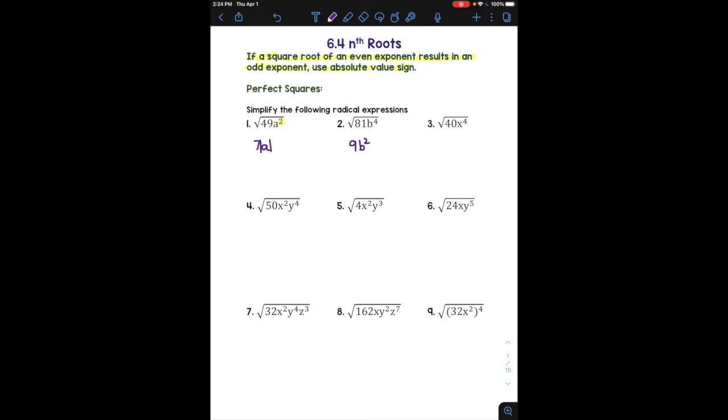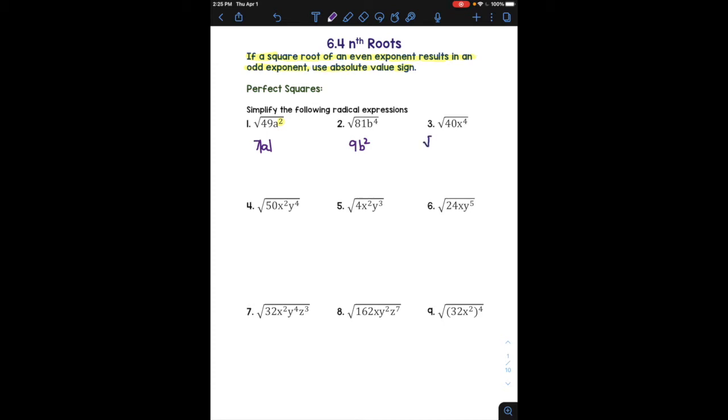Moving along, we're going to hit some expressions that aren't perfect squares. We're going to have to simplify it to the simplest radical form. So again, just like problem 1 and 2, let's first take the square root of 40 in problem number 3. What number times itself would be 40? We actually can't answer that because 40 is not a perfect square.